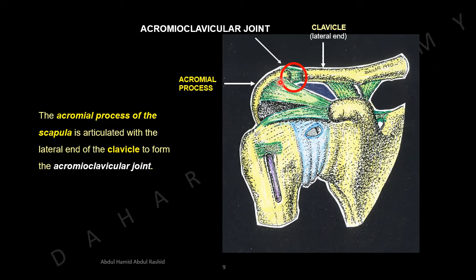The acromial process of the scapula is articulated to the lateral end of the clavicle. Together they form the acromioclavicular joint. This is the joint between the acromial process of the spine of the scapula and the lateral end of the clavicle.